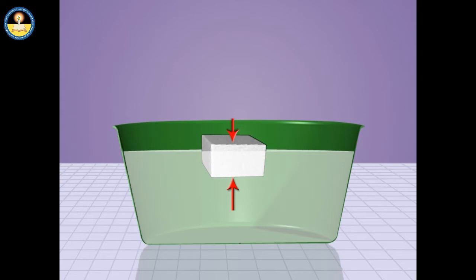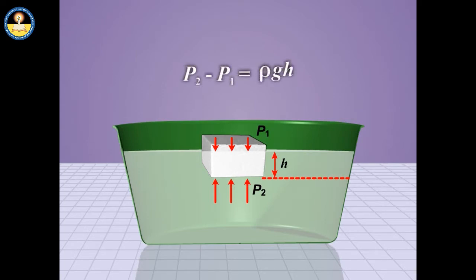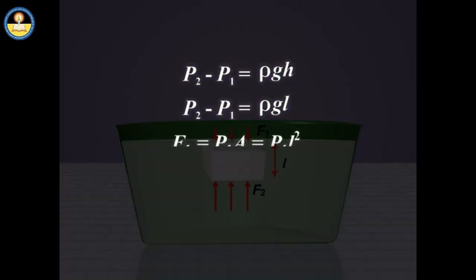But the vertical forces acting on the top face and the bottom face of the object are not the same. Since pressure in a liquid increases with depth, the pressure at the lowest face is more than the pressure at the upper face, and the difference is equal to the pressure exerted by the liquid column of height equal to the side of the cube.